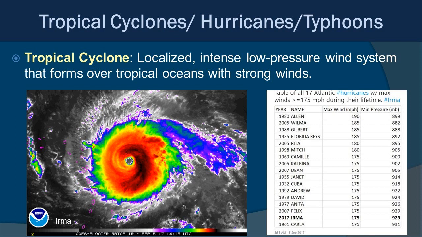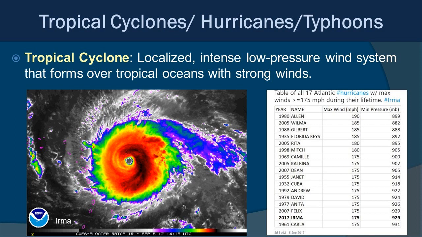Now, we can rank these storms based on their maximum sustained winds, with usually, when you think about 175, 180 mile an hour winds, those are very strong Category 5 storms. But if you look at the table on the right there, you'll also notice the pressure listed for some of these storms.